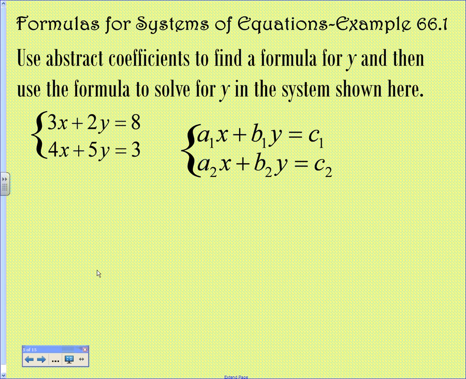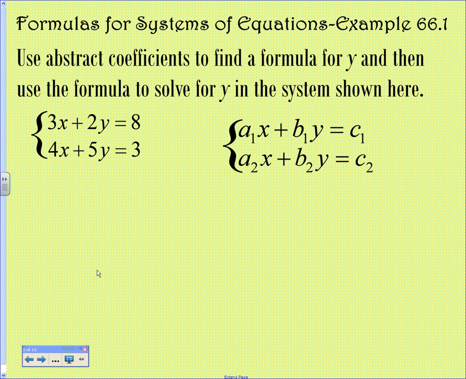What are we going to do? We want the x's to cancel. So what does that top equation get multiplied by? A2. And what would the bottom equation get multiplied by? Negative A1. Just somewhat coming back to you?